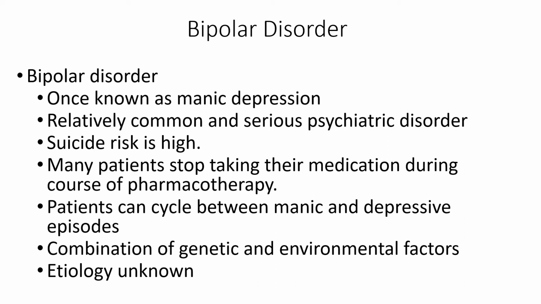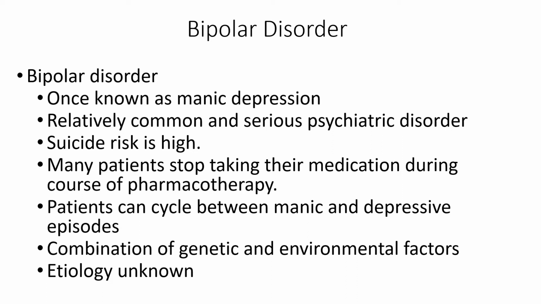Taking medications and adhering to medications can be very difficult, since someone who's elated or in a manic phase doesn't necessarily want to take a medication that blocks some of those effects. So adherence is an issue. It's a condition where you cycle. You run the spectrum of mania to depressive, back to mania, over different time frames depending on the individual.